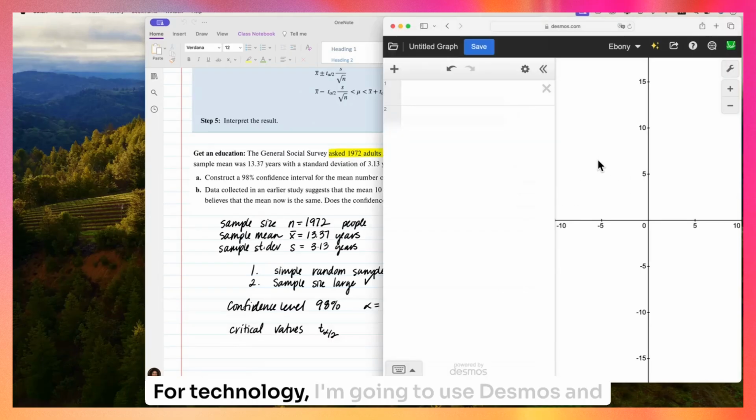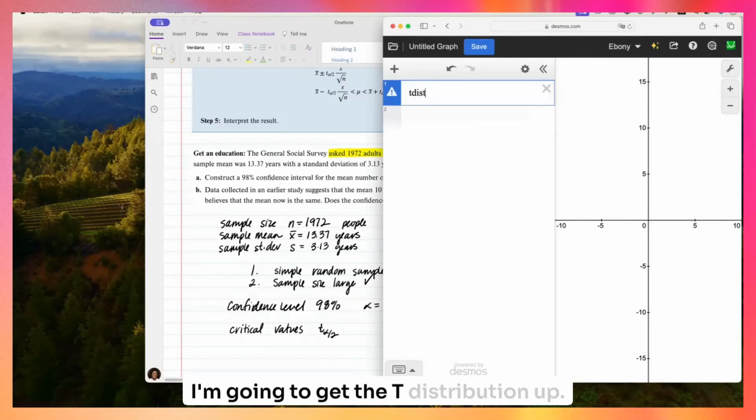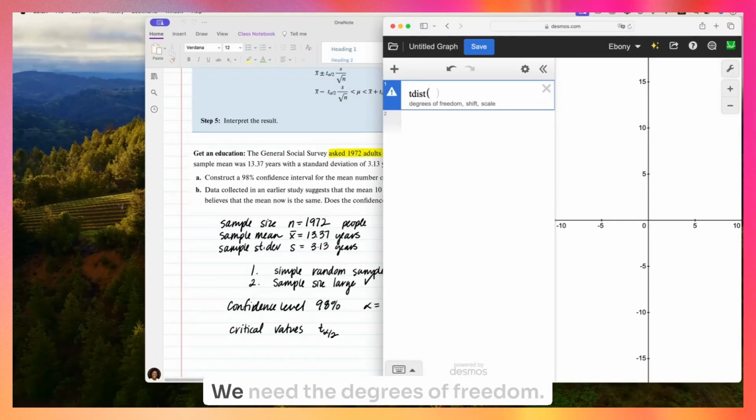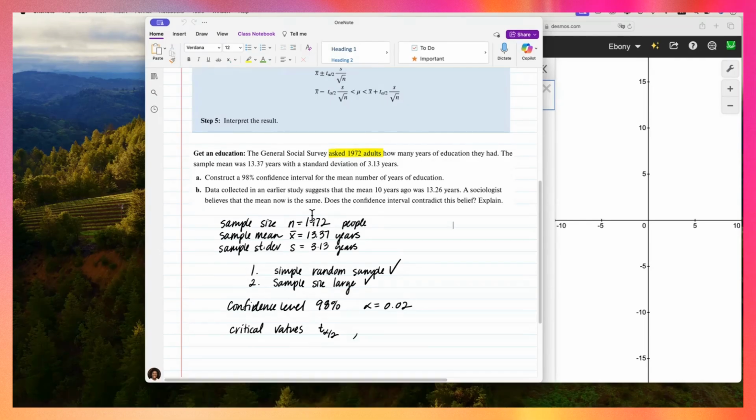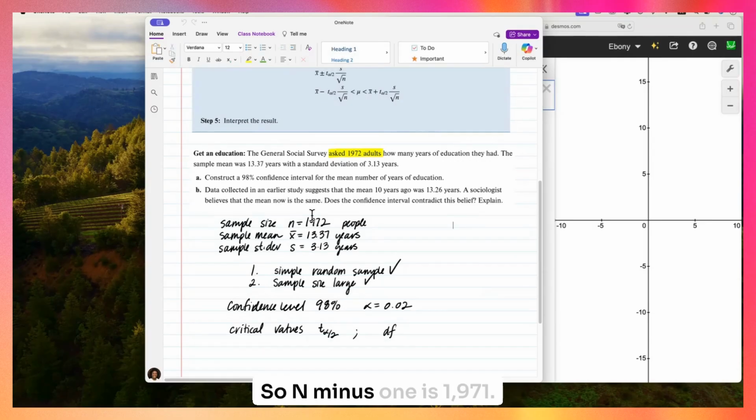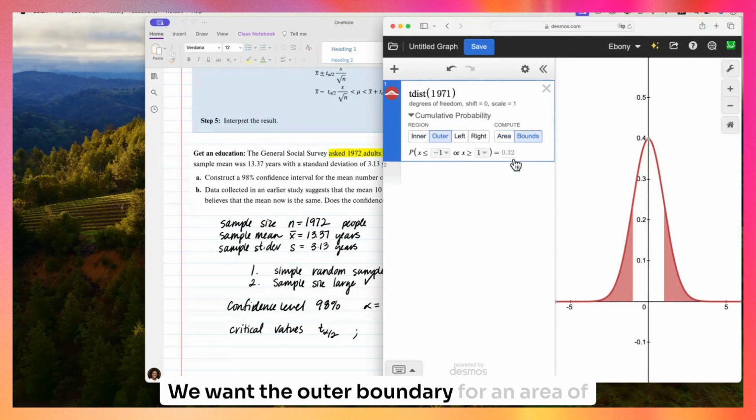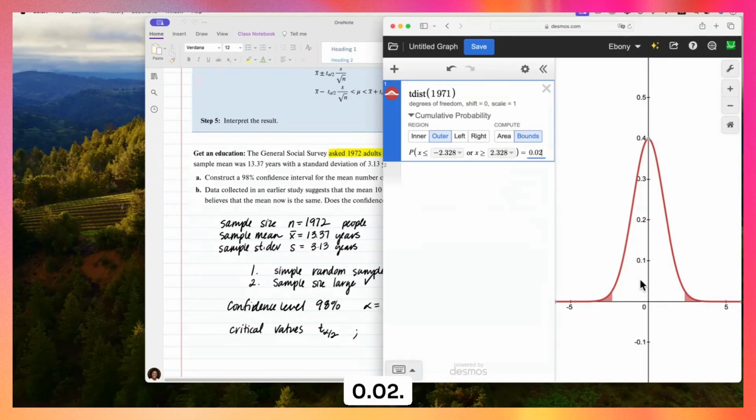For technology, I'm going to use Desmos, and I'm going to get the t distribution up. We need the degrees of freedom. The degrees of freedom are the sample size minus 1. So N minus 1 is 1,971. We want the outer boundary for an area of 0.02.